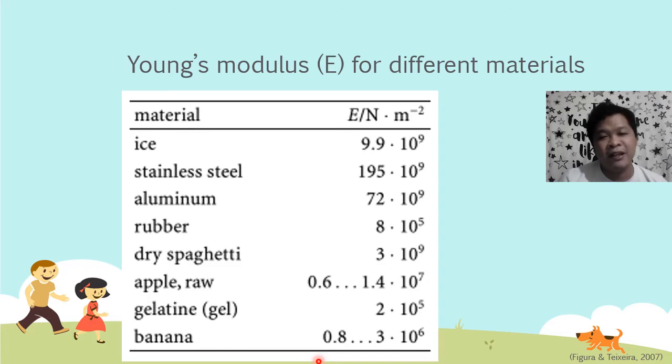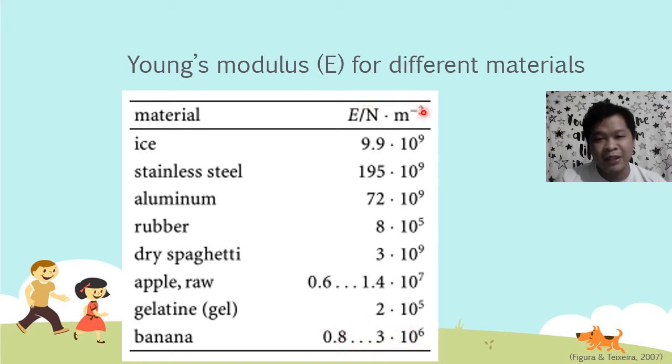On the other hand, a lower Young's modulus means you need to apply less stress to get the same amount of deformation. Okay? So take note yung orders of magnitude dito. Alright?